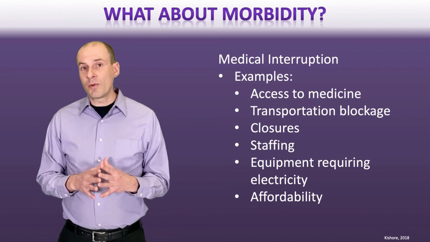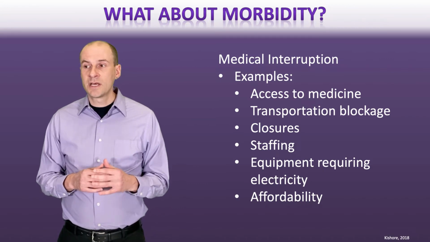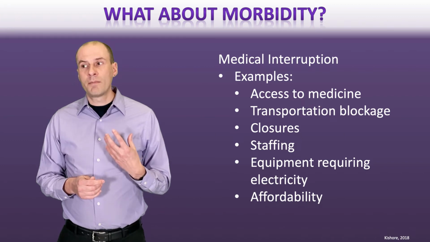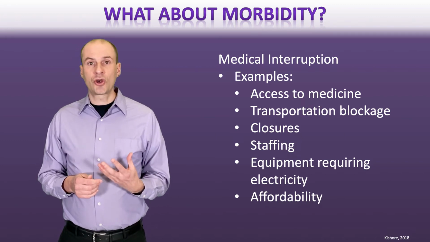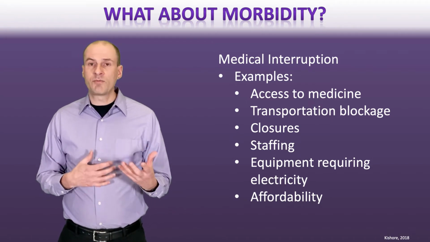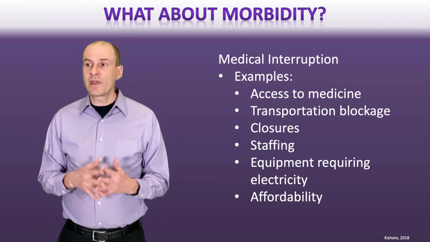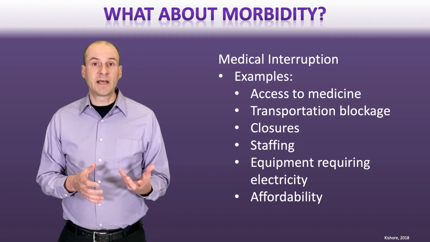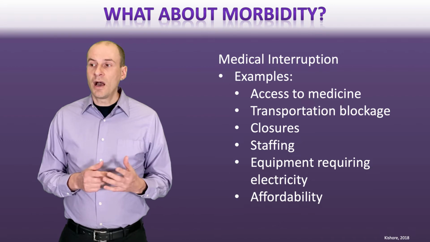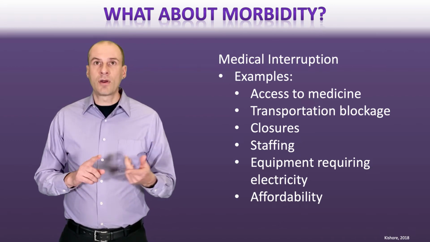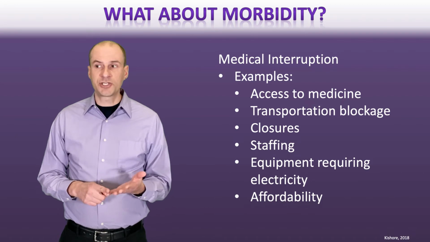Another thing to think about when we think about morbidity and mortality is the ways in which medical interruption can occur due to these disasters. These are some of the things that we saw following Hurricane Maria, but we see things like access to medicine, so interruption of care. We see that for a wide range of different types of health conditions.